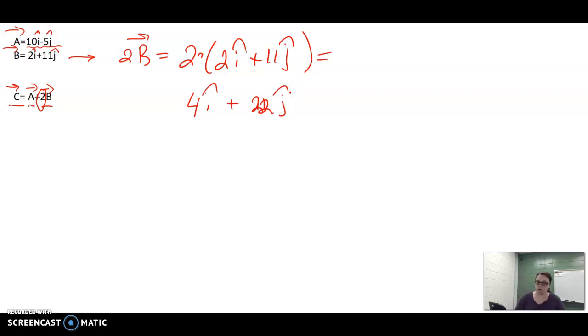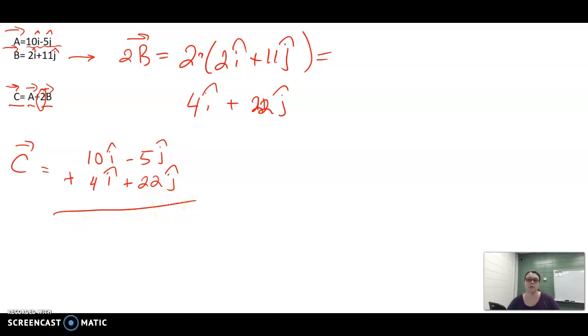So now I want to find my vector C, and this time I'm going to do it vertically. So I write my vector A, which is 10i minus 5j, and I am adding 4i and 22j.